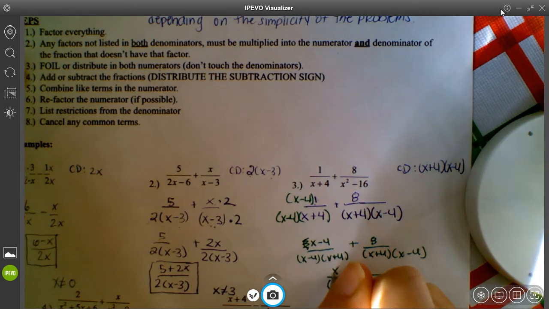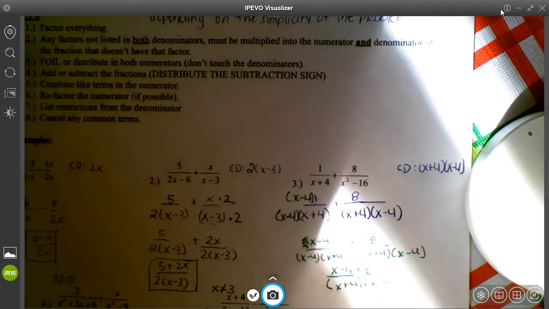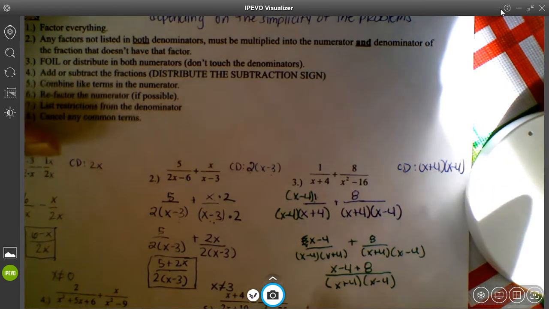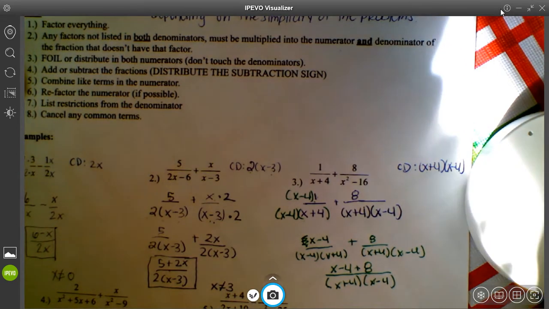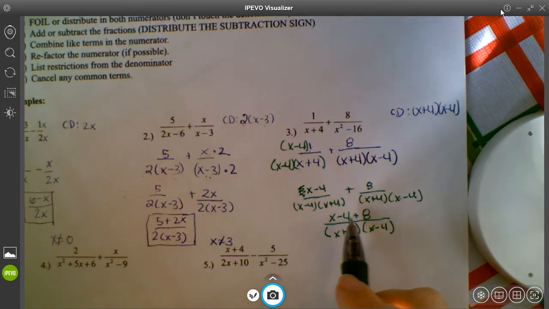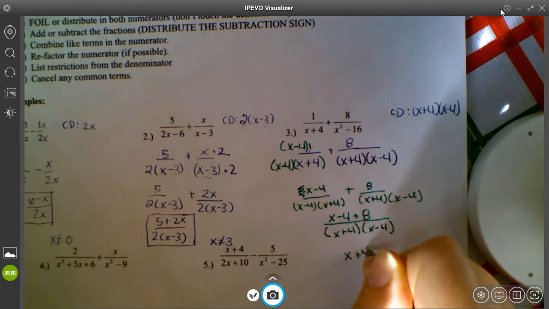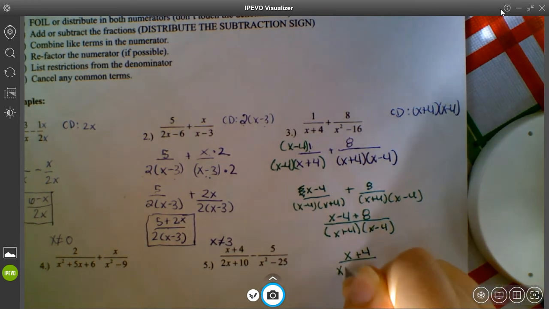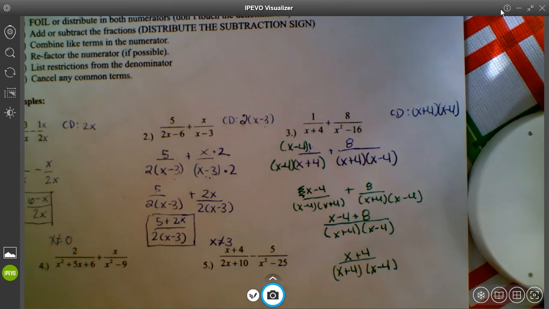And we're doing x minus 4 plus 8. Combine like terms in the numerator. I can do minus 4 plus 8, which is x plus 4. Don't touch the denominator, just keep rewriting it.